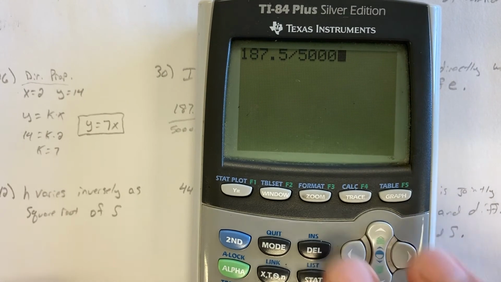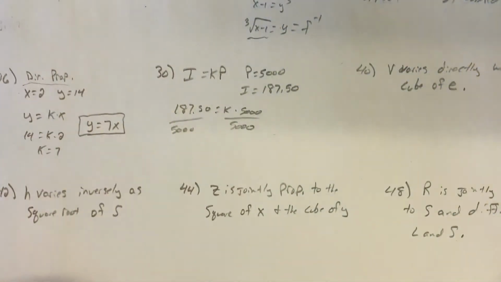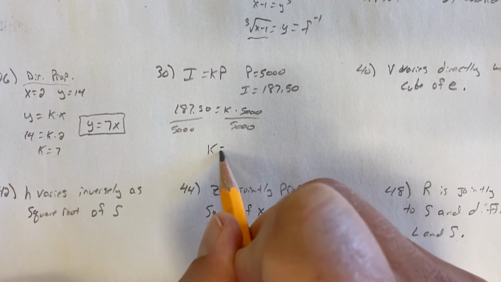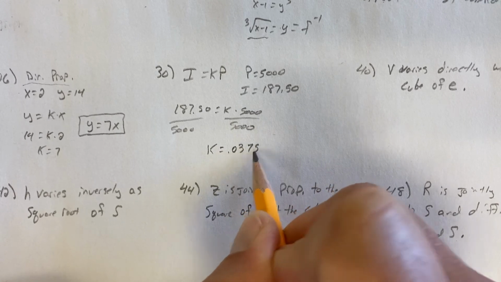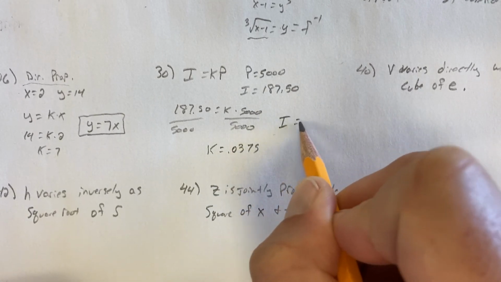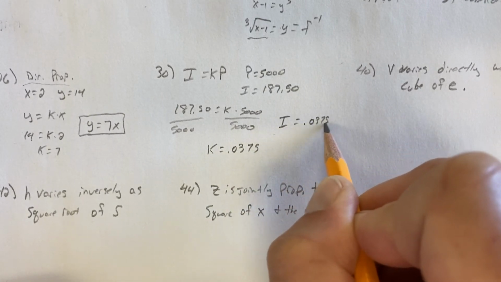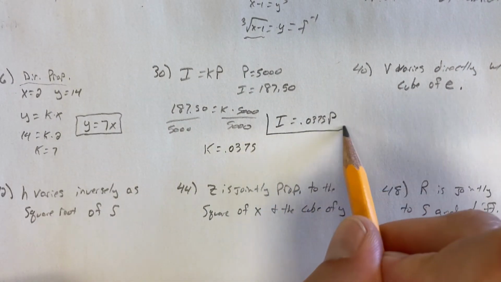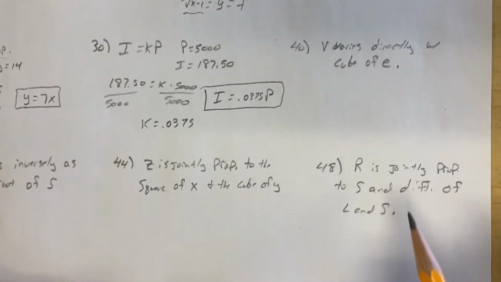Oh, not 50,000. And we get 0.0375, so 3.75% is what we were getting. And so our interest is 0.0375 times our principal. There's our equation.